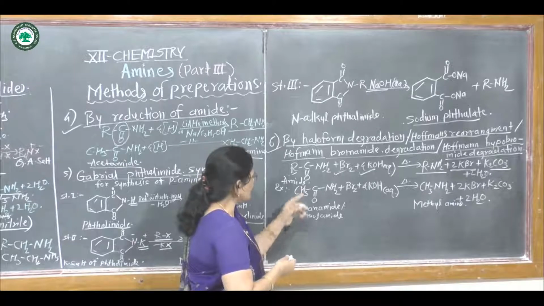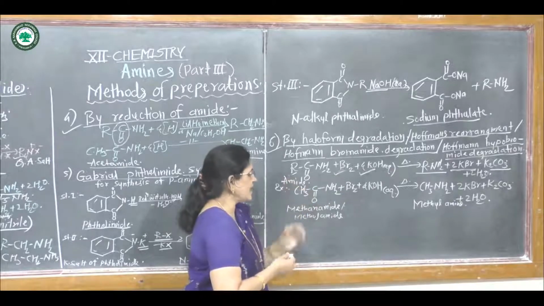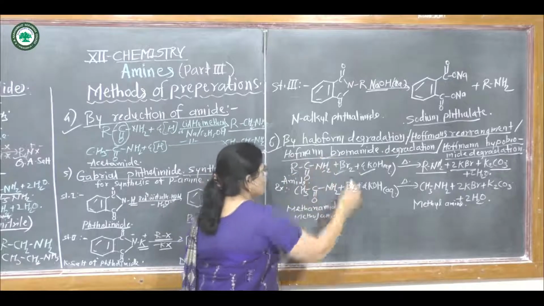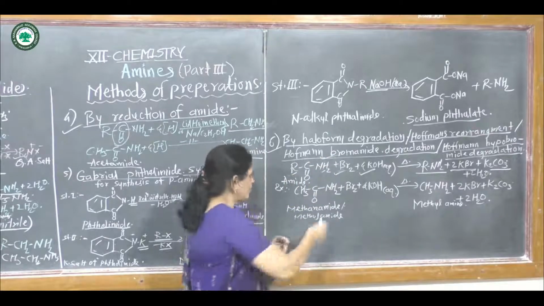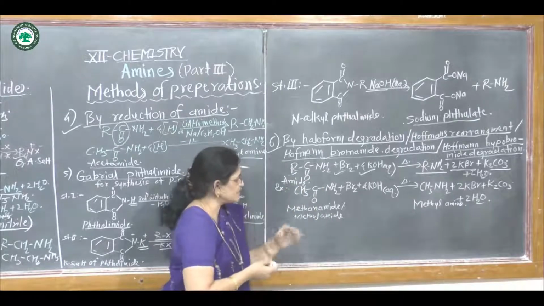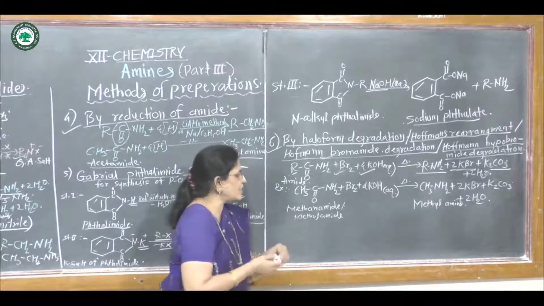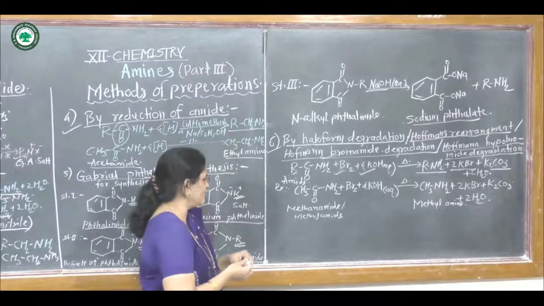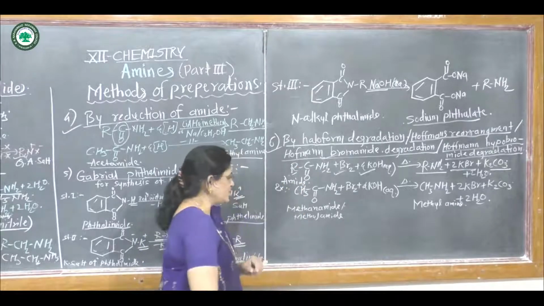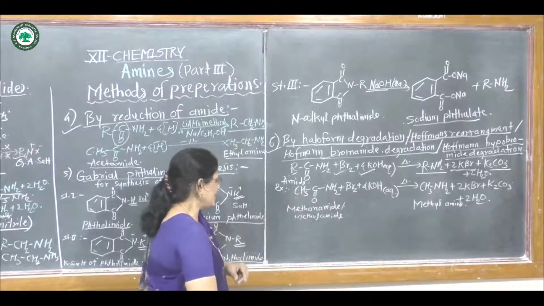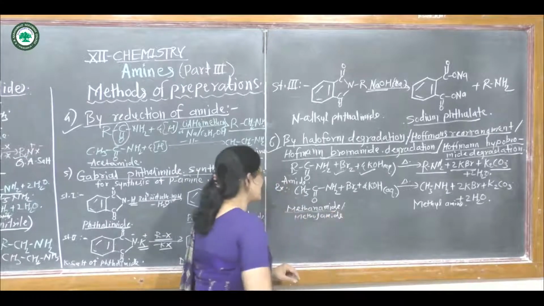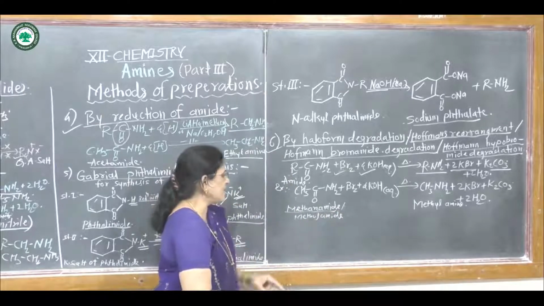In this reaction, bromine and amide react with each other and form a primary amine, hence it is called bromamide degradation. For example, suppose in place of R we take CH3, then the name of this compound is methanamide or methylamide.